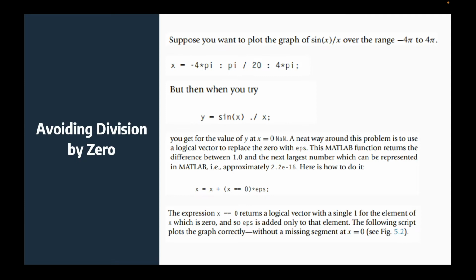First, we say x equals minus 4 pi with an increment of pi divided by 20 all the way to 4 pi, semicolon. But if you then write y equals sine x dot divided by x, it means divide sine x by all values of x, in case there's more than one value.